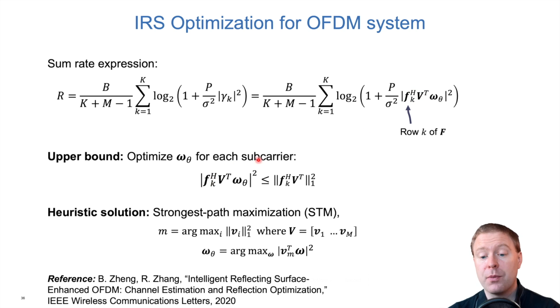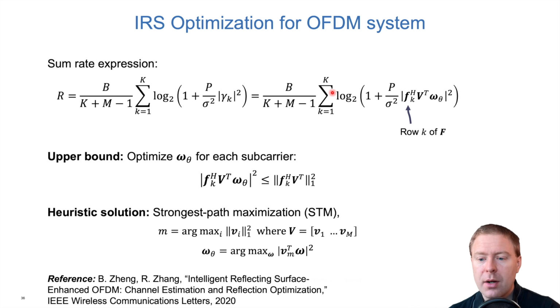And in a similar way as before, we would then take this vector here and take its one-norm and square it. Essentially the same thing as we did before. The problem is that we are not allowed to do that. We must have the same configuration on all of our K subcarriers, and K can be 1,000 different subcarriers. So how do we deal with that?